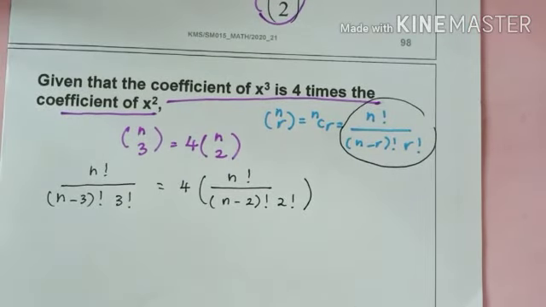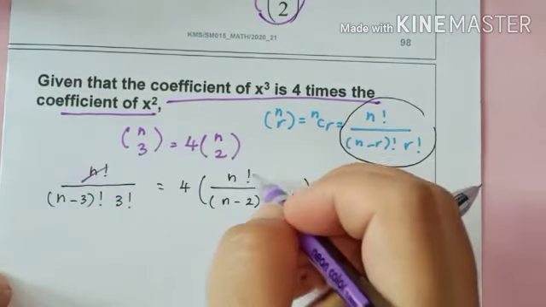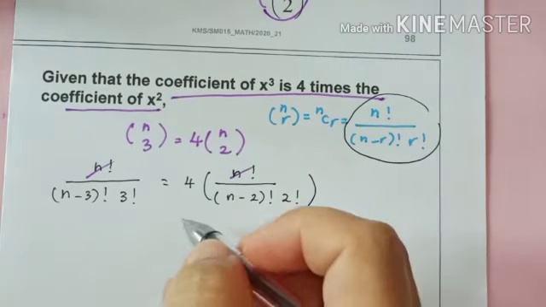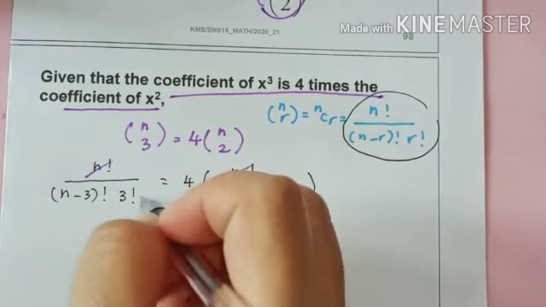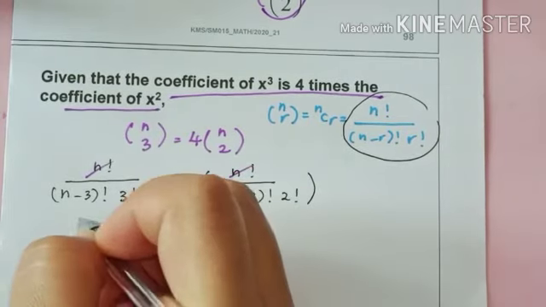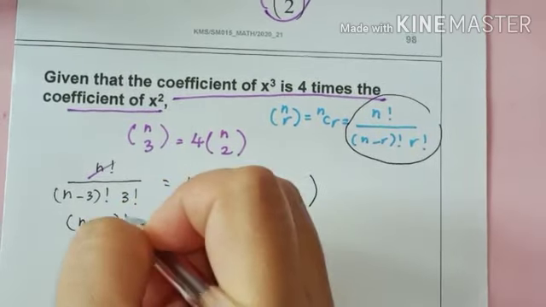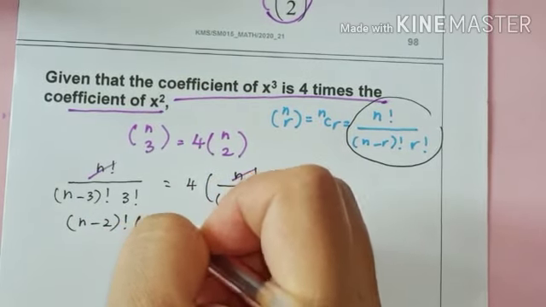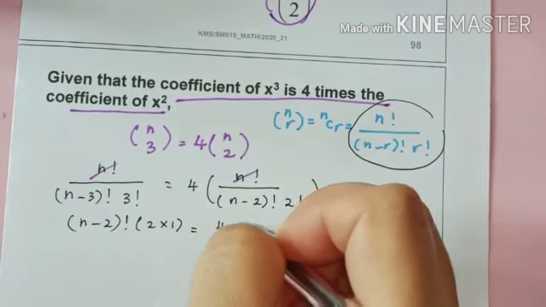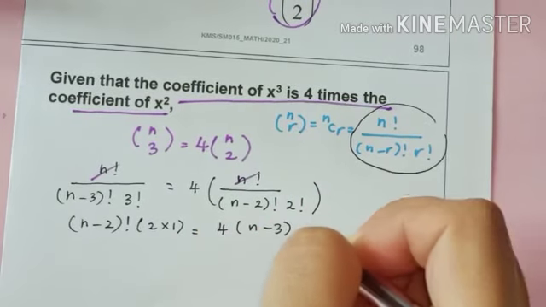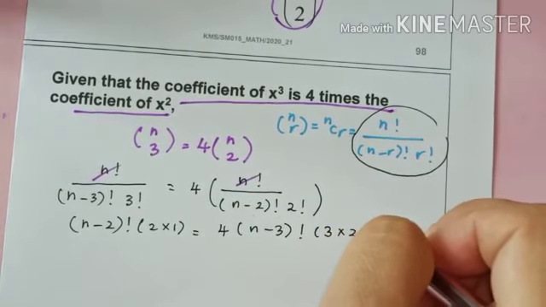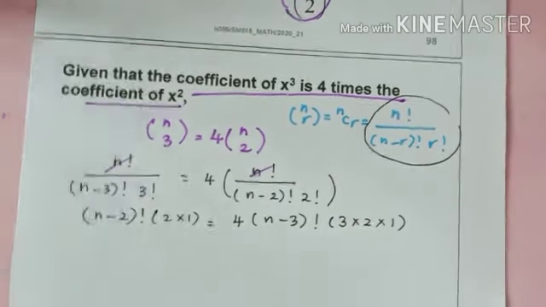Okay, and then you can simplify here. Same expression, you can cancel n factorial with n factorial. Then I cross multiply here. Because we have here (n minus 2) factorial times 2 factorial, where 2 factorial is equal to 2 times 1, and 4 times (n minus 3) factorial, where 3 factorial is equal to 3 times 2 times 1.